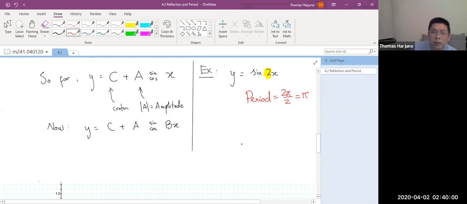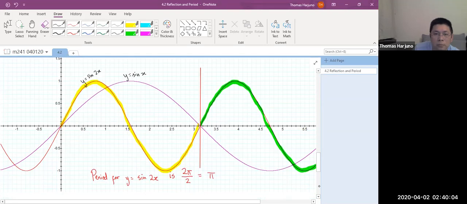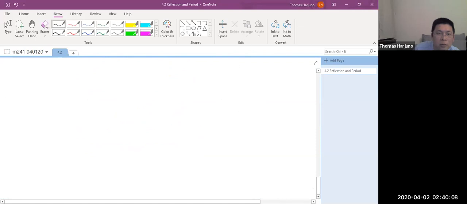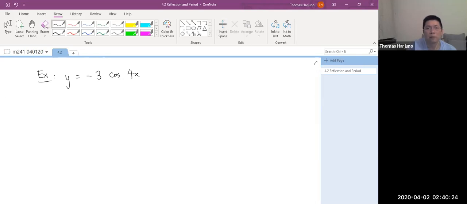Okay, let's do more problems. Let's make it a bit harder. Suppose I have, for example, y equals -3 cosine 4x. What will the graph look like?